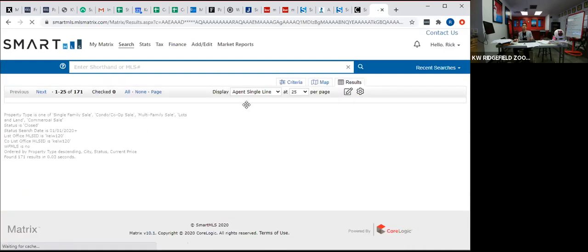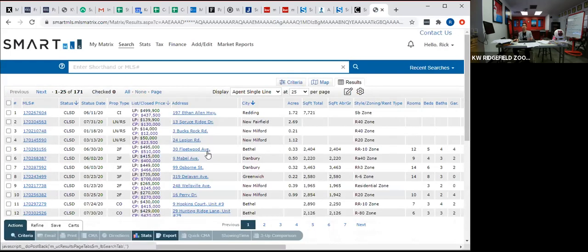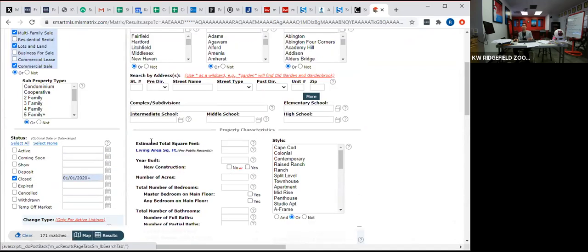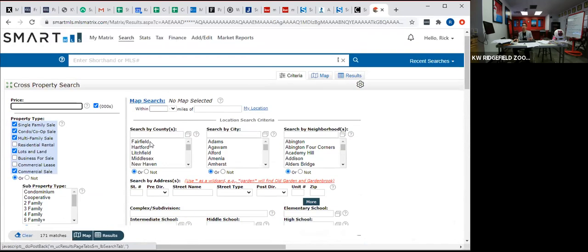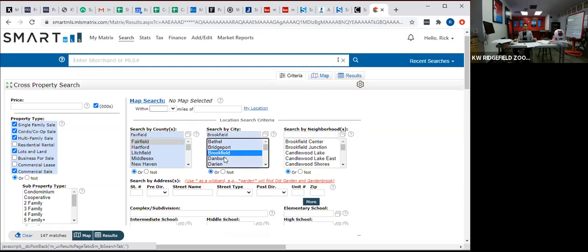And so now let's just for fun compare that to the market. Now you get to determine what your market actually is, right? To be fair, keeping with this agent code and this market center, I'm going to use as the market Brookfield, Danbury, Reading, Ridgefield, and New Fairfield, right?